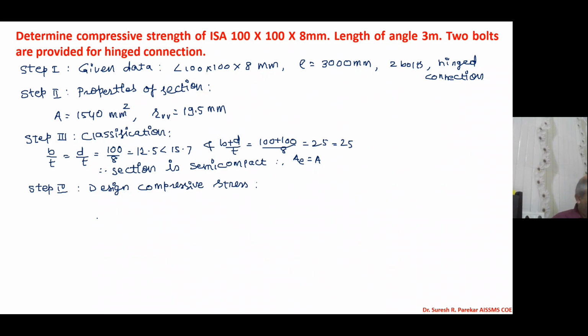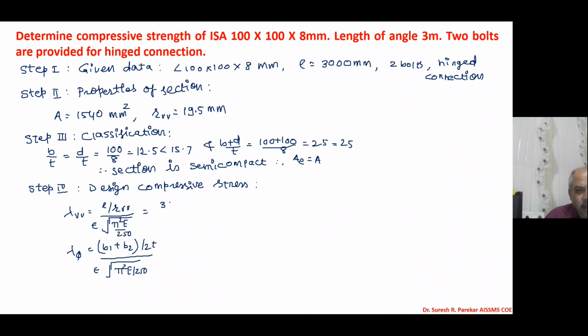So you can go to page number 48 and we have to find value of lambda E. Then we have lambda VB we have to first calculate, which will be L upon RVB divided by root of pi square E upon 250. Then we have to find lambda phi, which will be B1 plus B2 upon 2T, and then bottom will be as it is, root pi square E upon 250. Actually, as epsilon is here, so we are considering this as 1.